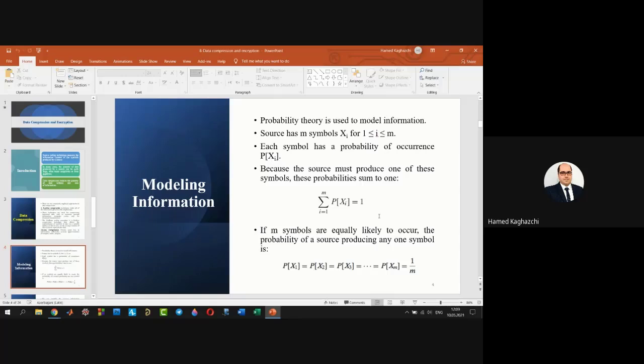Now, we suppose that the source has a vocabulary of M symbols represented by xi. This symbol can be x1, x2, up to xM. The size of the source symbols is M.